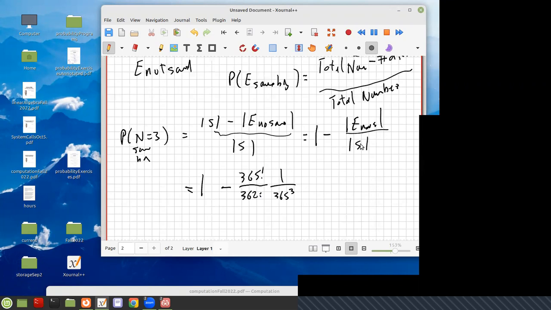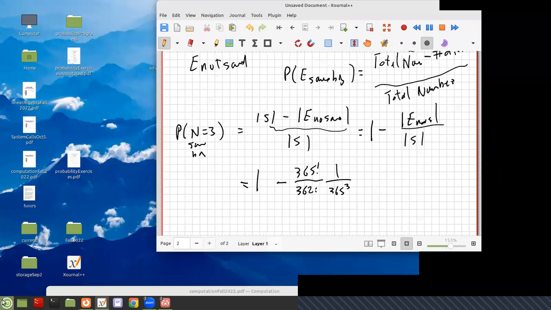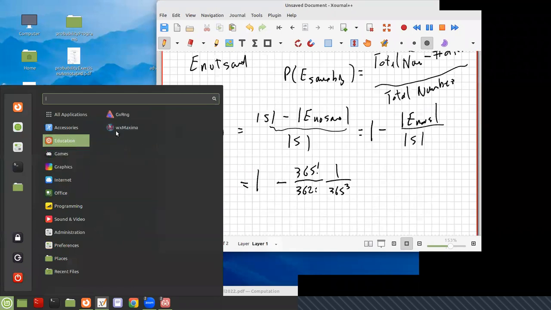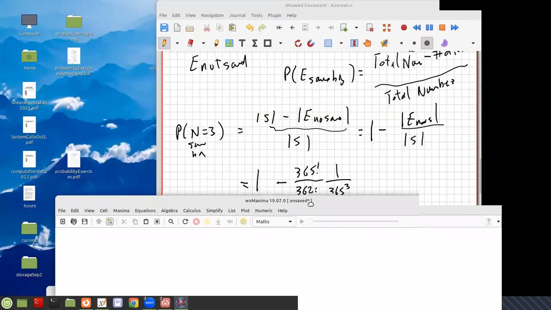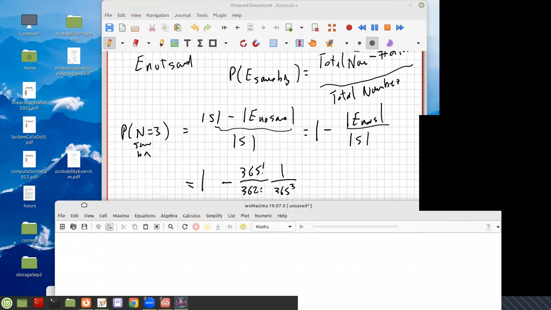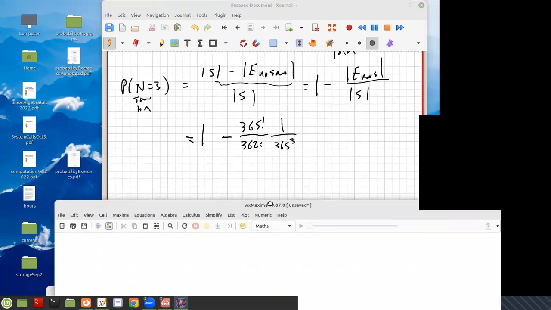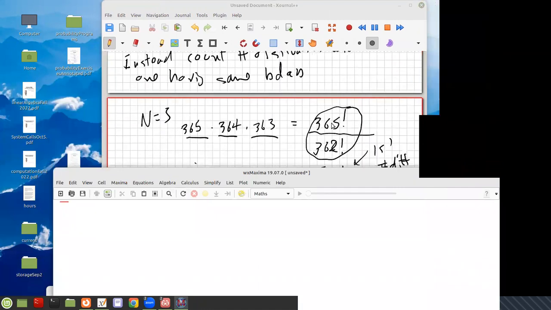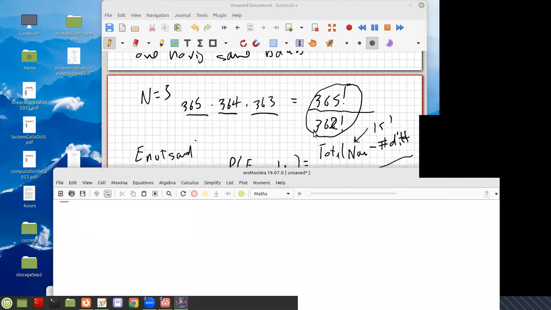Well, the question was, wouldn't this be over 100%? Well, let's look and see how we could do this in wxMaxima. So this number here is 365, 364, 363, and let me show you how to do this with a function.